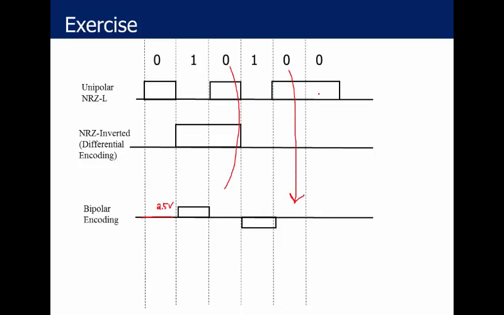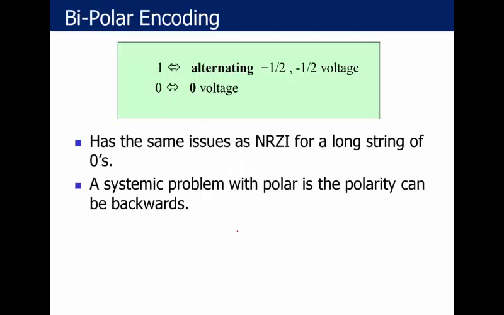Only the issue here is that if there is a 1, then the first one will be positive half voltage, and then the second one is negative half voltage. So depending upon odd and even numbers, we have alternating half voltages. That's what we have in bipolar code encoding.